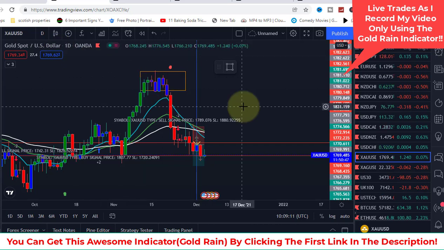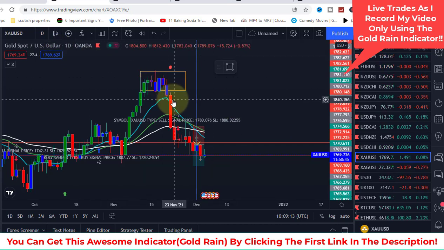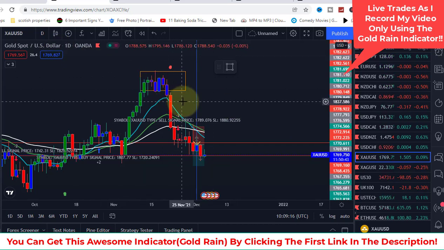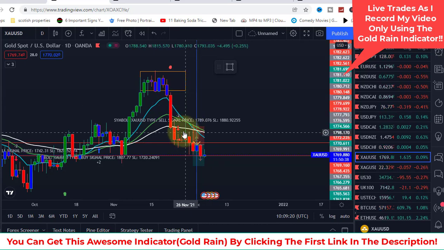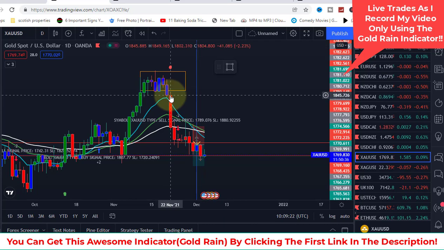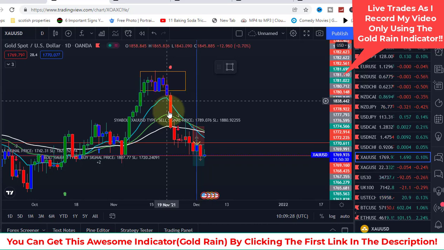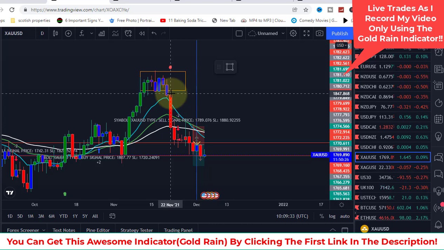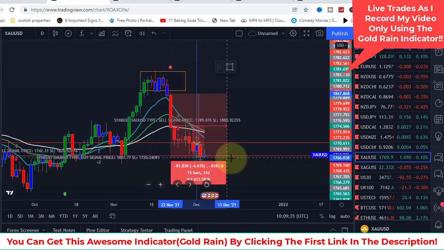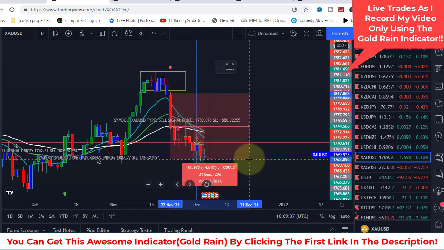This is gold, guys. I wasn't halfway, I was around here when I entered. If I would have entered here, expect like 3 million or 4 million for the week, guys. Look how many pips we could have earned from here all the way to here. 839 pips.